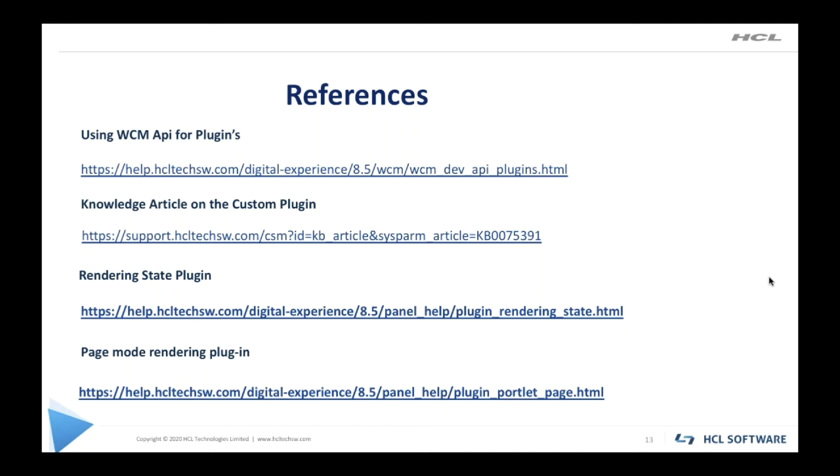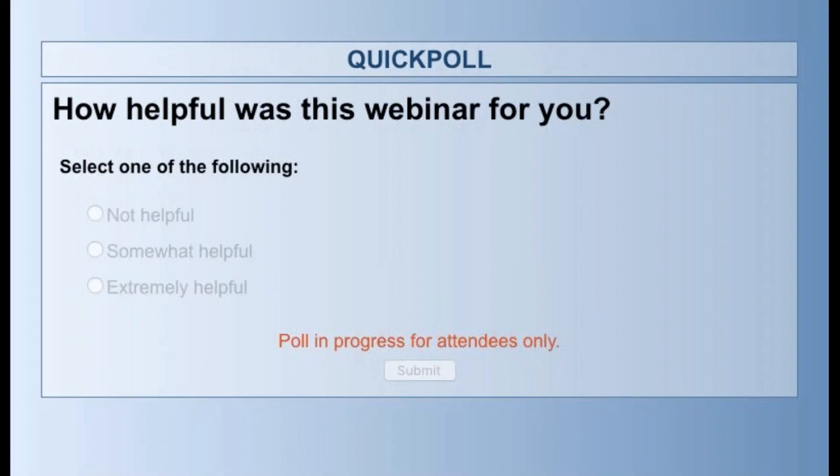One more question. Whether a rendering plugin can be integrated with Portal mobile-based UI. Is it possible? Yes, but what I would recommend is, instead of doing that in a rendering plugin, we can leverage a plugin to render the content based on the device names.